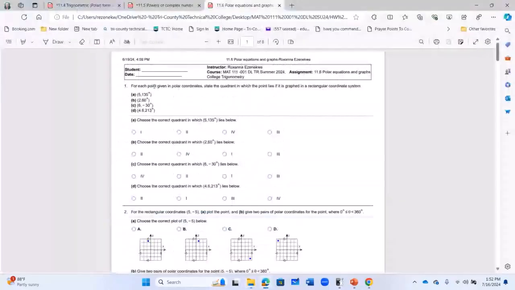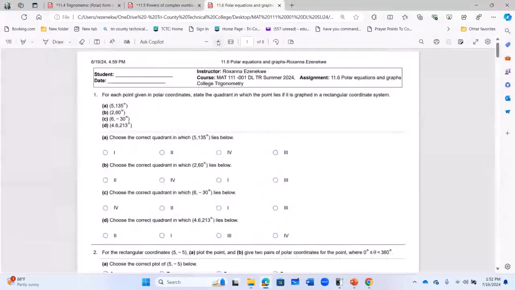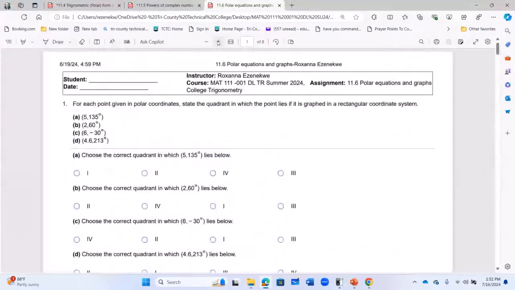Maybe we're just going to quickly do some graphing. For each point given in polar coordinates, state the quadrant.